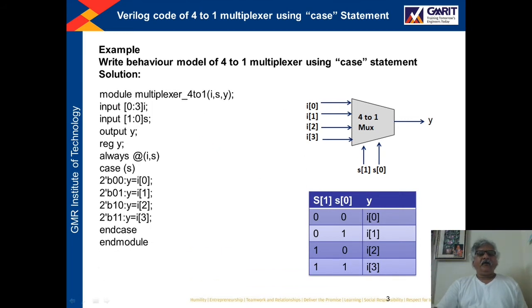So this is the Verilog module. We start with the keyword module and we end with the keyword endmodule. The name given to this Verilog module is multiplexer_4_to_1, and the ports are I, S, Y. In the subsequent statements we will create the vectors for I and S. Then input [3:0] I. By this statement 4 elements of I as an input port will be created.